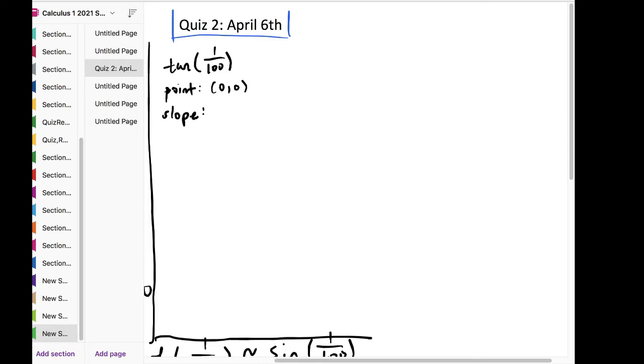We did it before, so I assume you know it. We need the derivative of tangent, yep. Which is what? What's the derivative of tangent? This is one of those memorized ones. Secant squared, yeah.